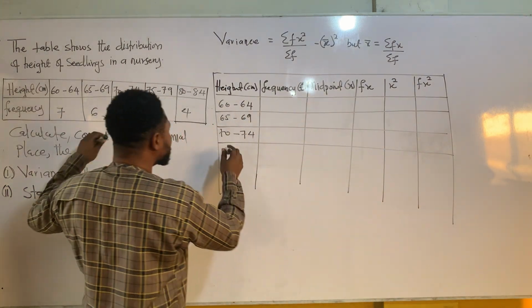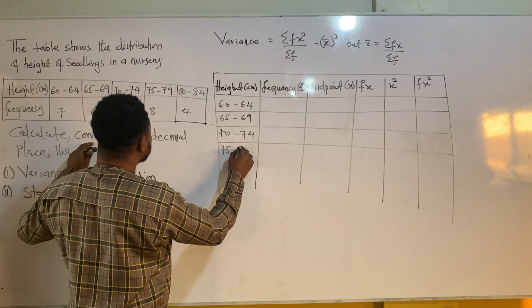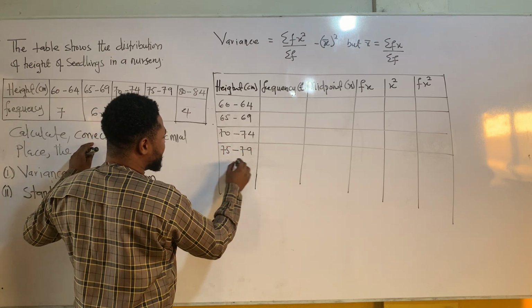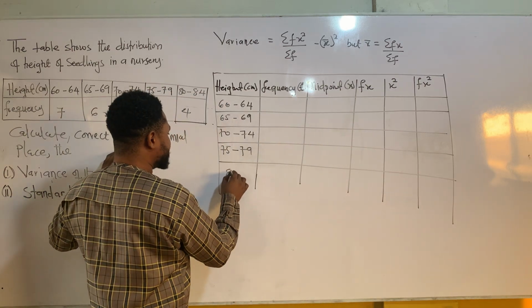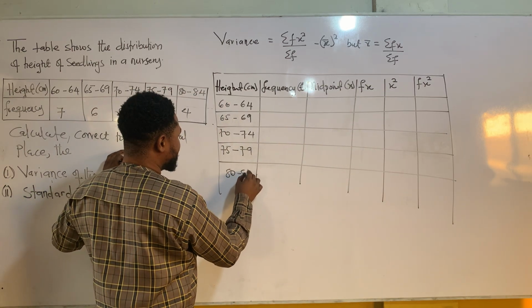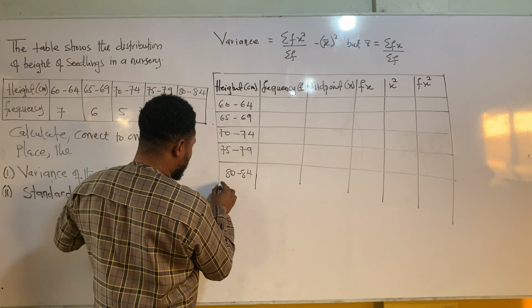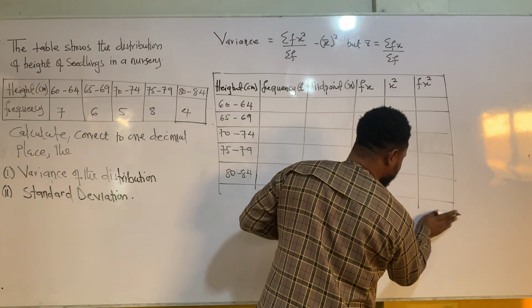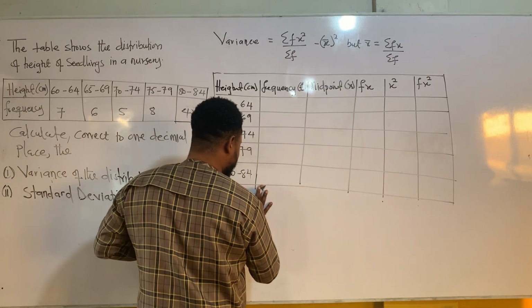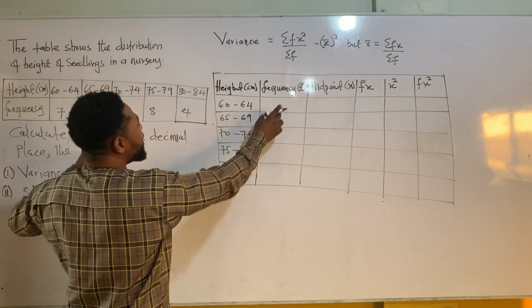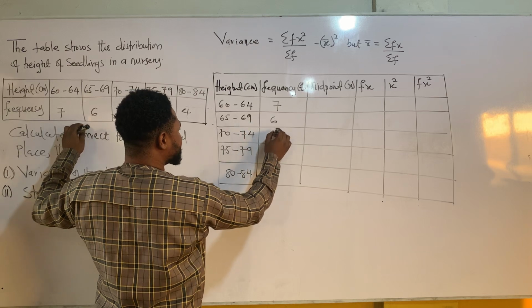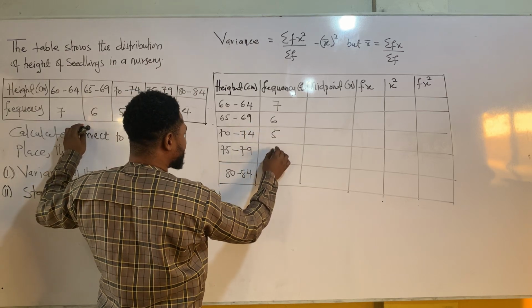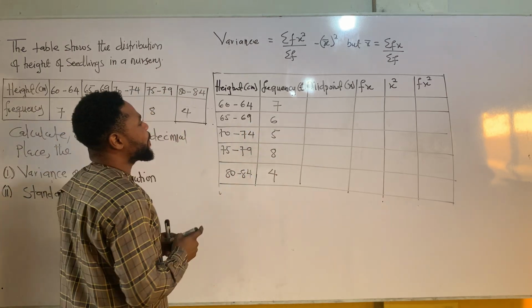All right, we have 75 to 79. We have 80 to 84. Nicely. So this is how the whole thing is going to be. Our frequency is given. So here we have 7 here, 6, 5, 8, 4.